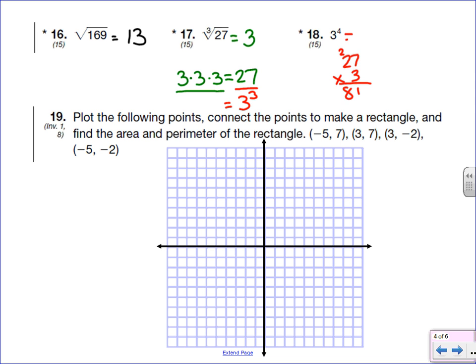So 3 to the 4th must be 81. Another way that you could do it is 3 times 3 times 3 times 3 is what 3 to the 4th is. 3 times 3 is 9, and 3 times 3 is 9, and 9 times 9 is 81.